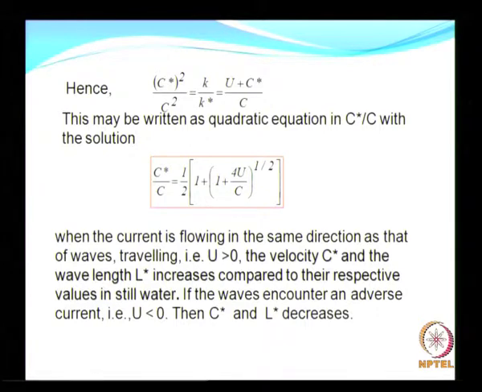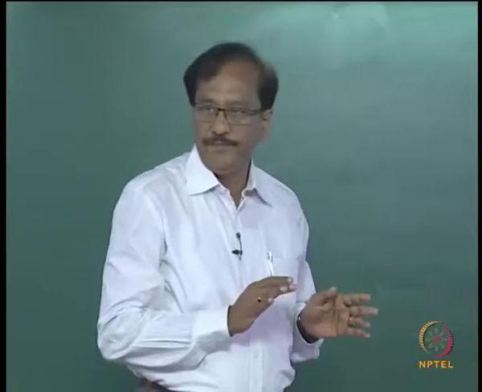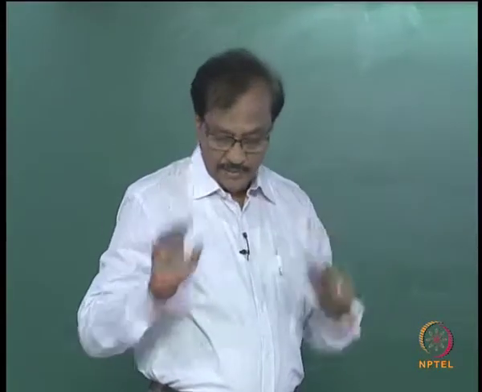If the waves encounter an adverse current, that is a current in the opposite direction, then your wavelength is decreasing. This is what we have tried to prove. Is that clear? So I will stop here. Okay.